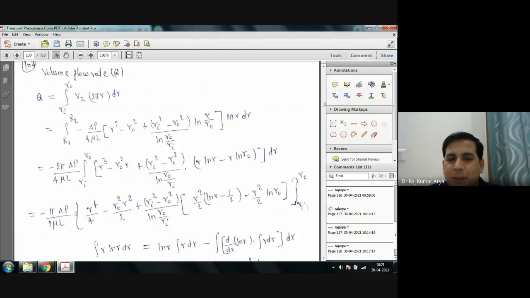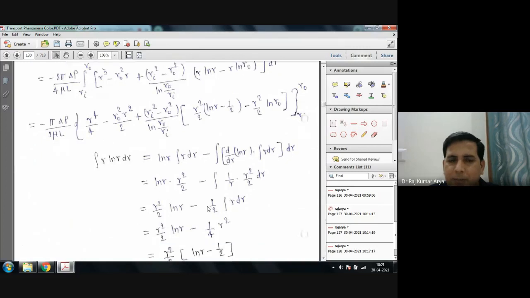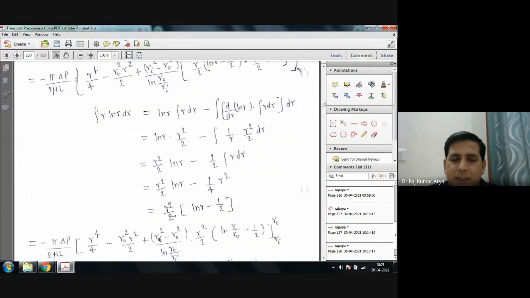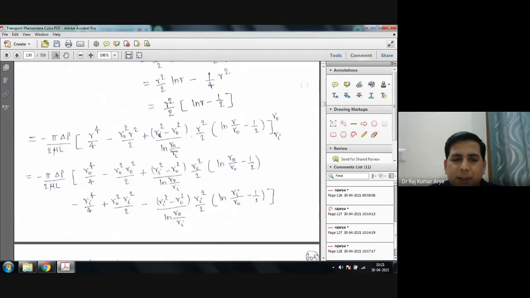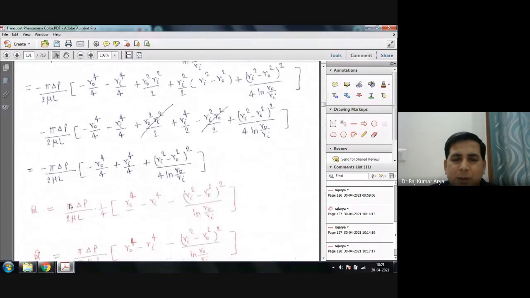You also need the integration by parts trick here. By doing that, you rearrange all these expressions, and finally your volumetric flow rate will come in this particular format.